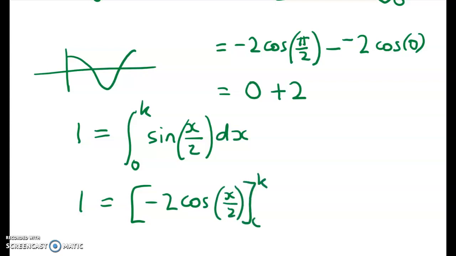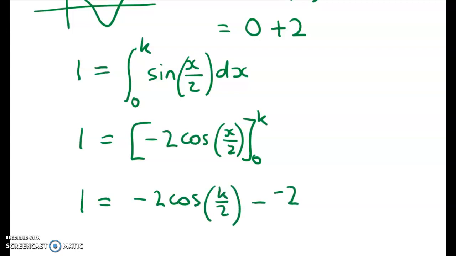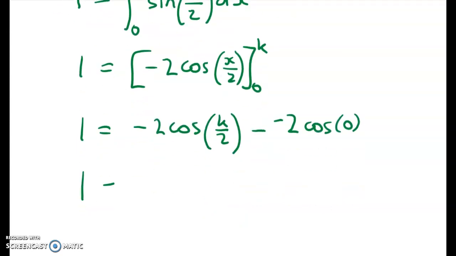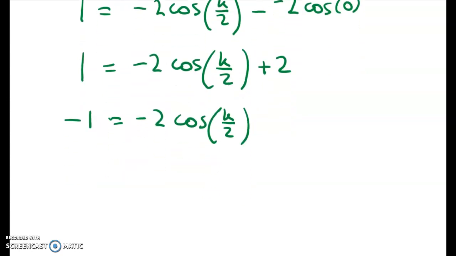So now we're solving for this limit k. So 1 is equal to -2 cos of k on 2 minus -2 cos of 0. That gives me 1 is equal to -2 cos of k over 2 plus 2. -1, I'm going very slowly here, -1 is equal to -2 cos of k on 2, giving us 1/2 is equal to cosine of k on 2.